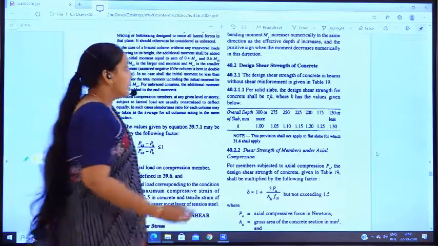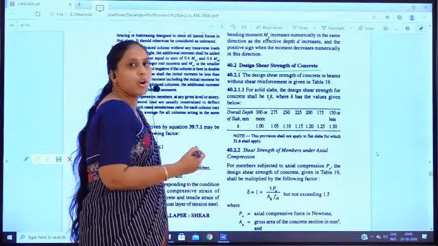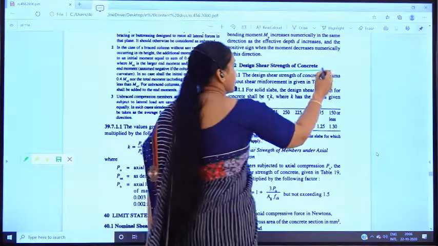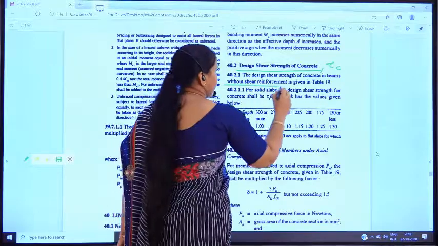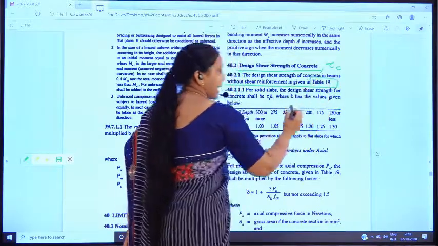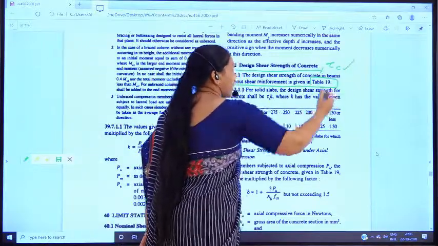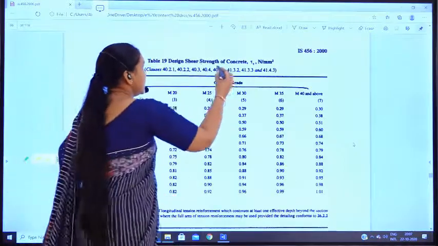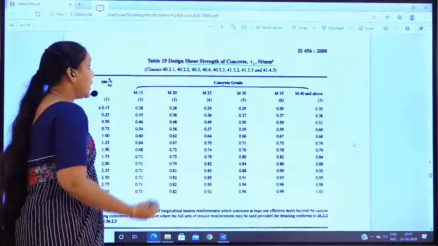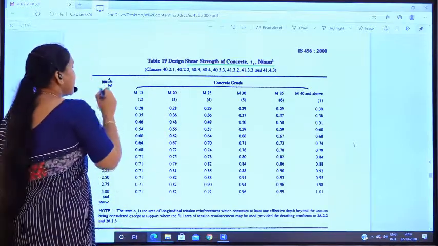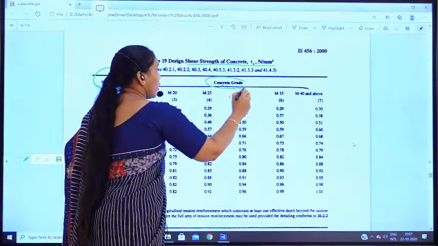The design shear strength of concrete tau c in beams without shear reinforcement is given in Table 19, and tau c depends upon the percentage of tensile steel reinforcement and the grade of the concrete.